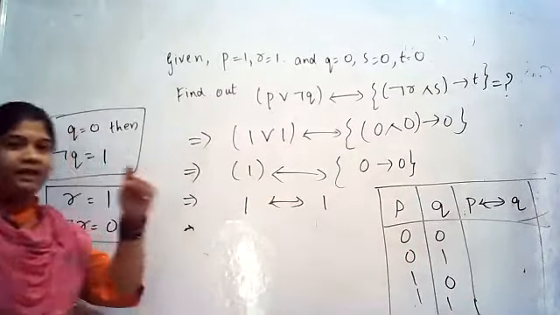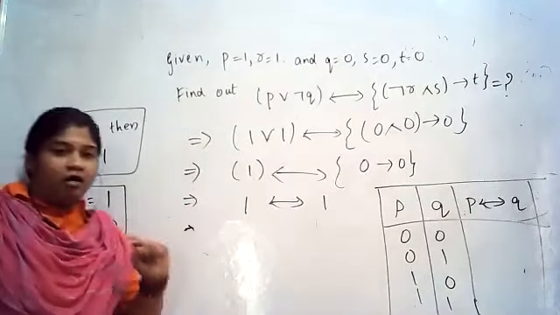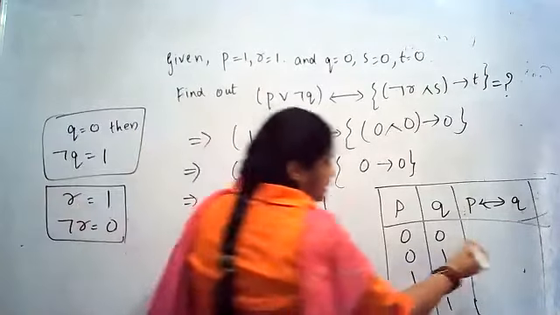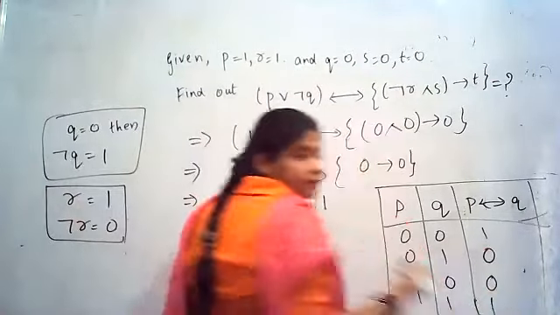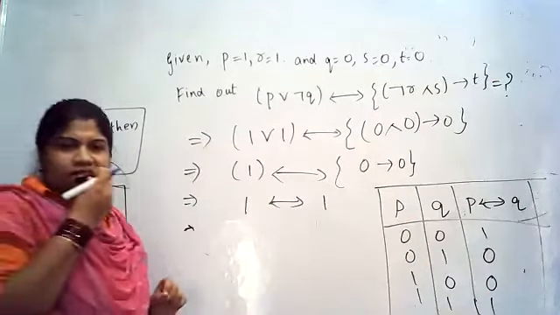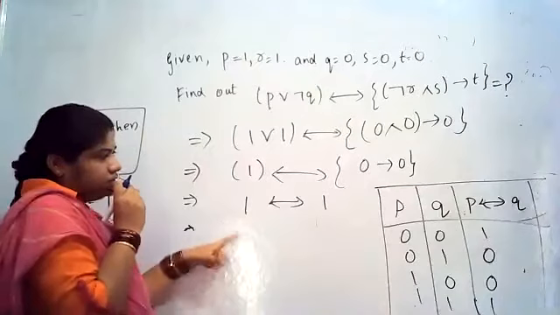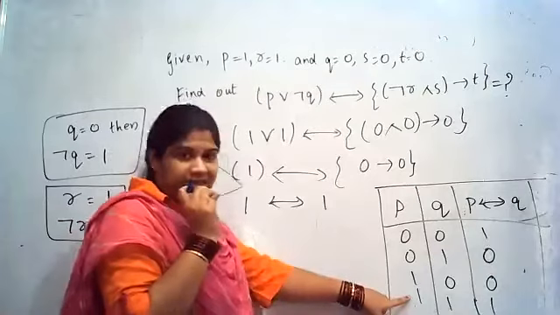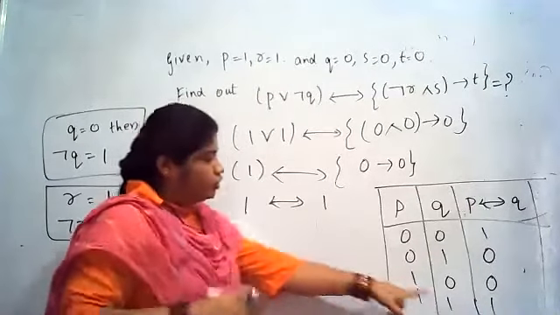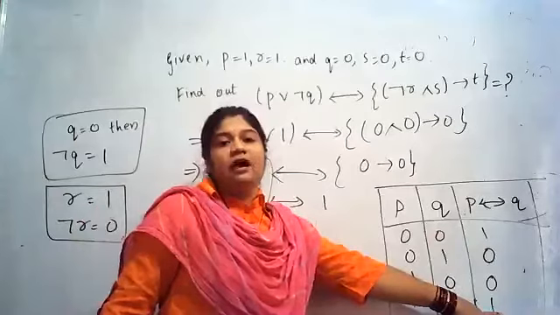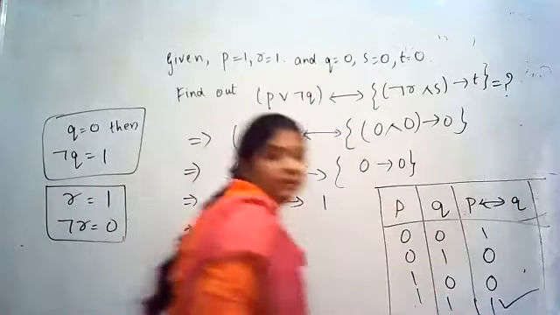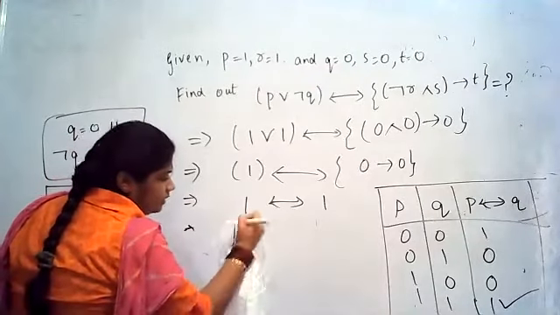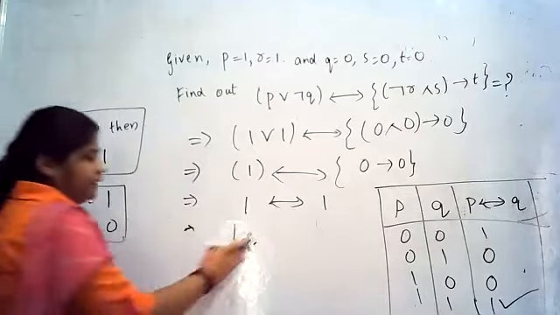It is nothing but P conditional Q, AND Q conditional P. So it is nothing but 1 0 0 1, according to the truth table. So here this is P, this is Q. If P is 1 and Q is 1, what will be the result? The result will be 1. If P is 1, Q is 1, our result will be 1.